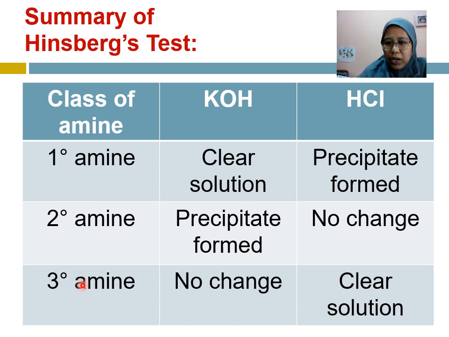For tertiary amine, there would be no change. So we're going to see a water-soluble salt in clear solution. It's going to be a clear solution observed there. So this is a test to identify between primary, secondary, and tertiary amine.